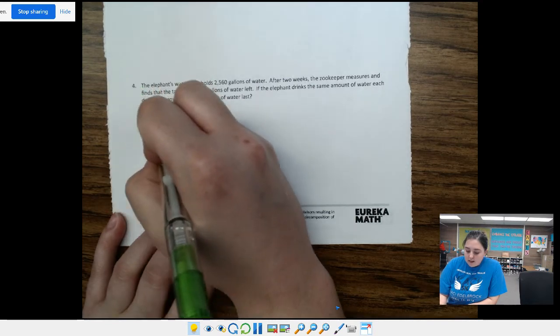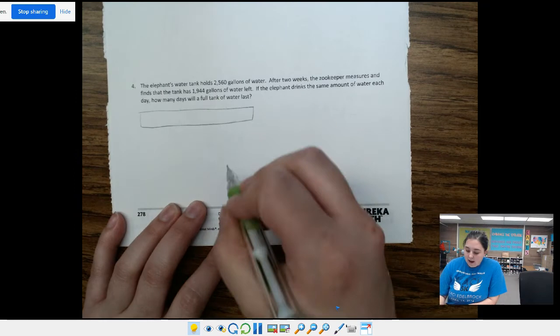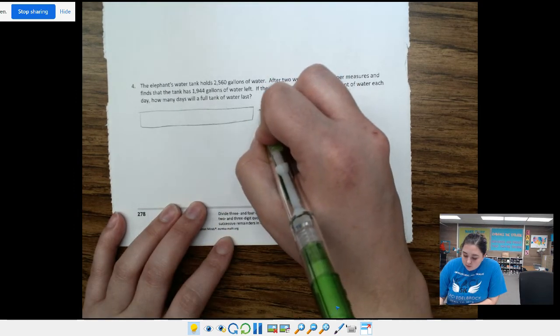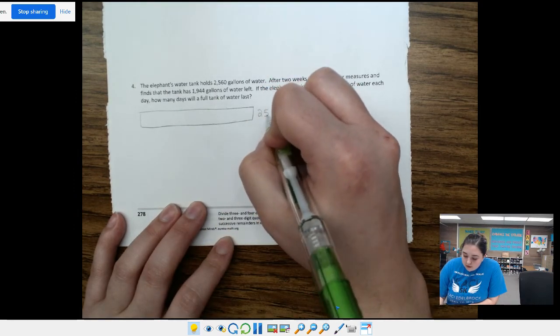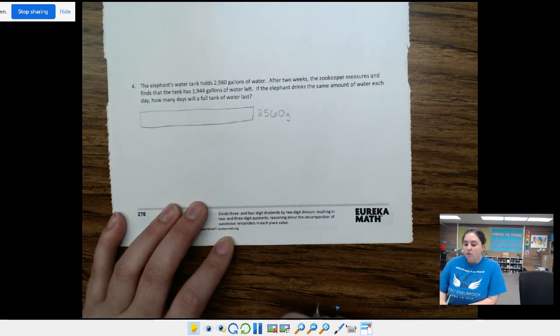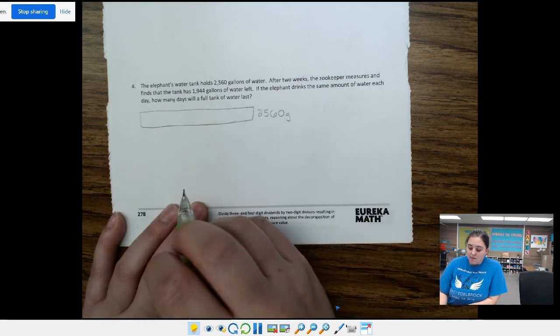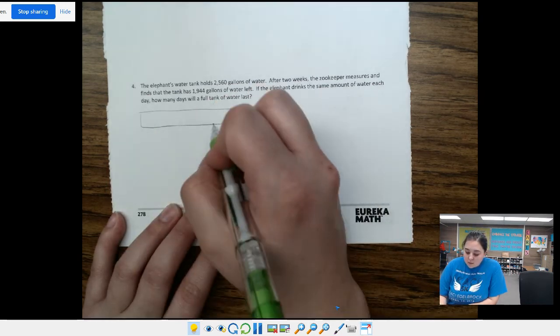So here's the tank. The full tank has how much water? 2,560 gallons. So after 2 weeks, the zookeeper measures and finds that the tank only has part of that.